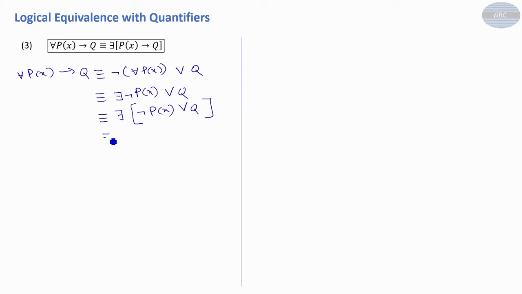So it can be written as there exists x, which is nothing but P(x) conditional Q. This is nothing but the right hand side, hence it is proved.